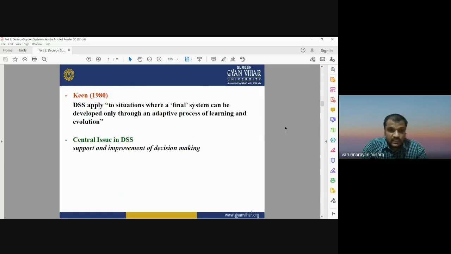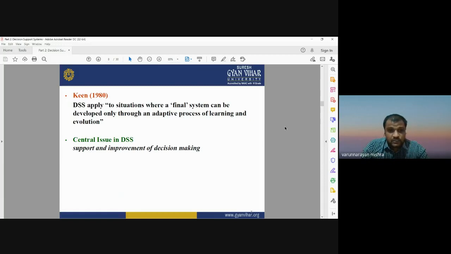Keen in 1990 stated that DSS applies to situations where a final system can be developed only through an adaptive process of learning and evaluation. So it provides you the process of learning. If you have a large number of data sets, you should process your data set to extract some information and learn something from your database, and on the basis of your learning and information, you can apply this for taking any decision.